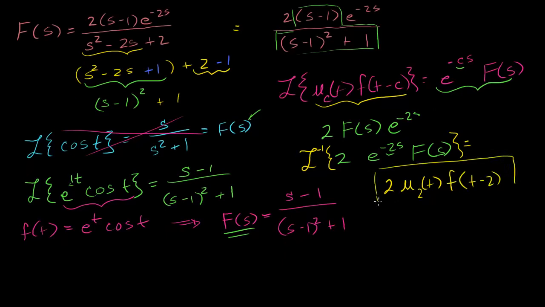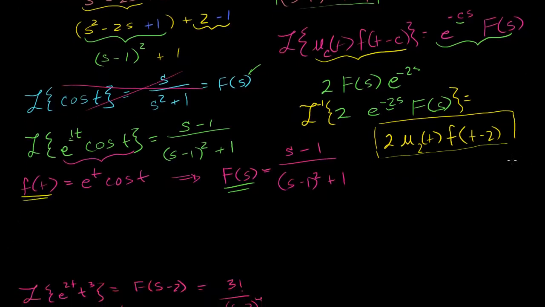Now, what was our function? Our function was this thing right here. So if the inverse Laplace transform of that thing that I had written is this thing, and f of t is equal to e to the t cosine of t, then let me write kind of our big result.